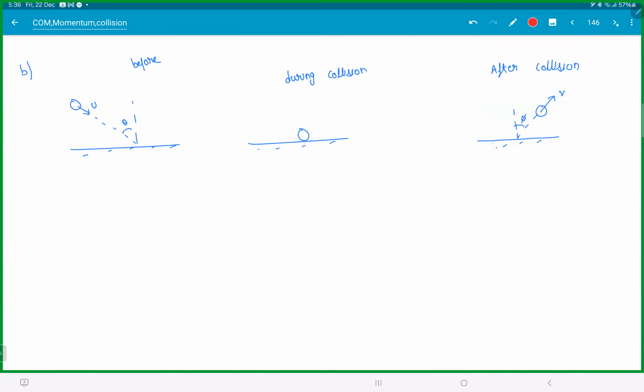So if you resolve this into components, you end up with u cos theta, u sin theta. I will write this thing as Vy and this thing as Vx. And during collision, the forces will be normal reaction, and remember, both are impulsive. You can't conserve linear momentum here if there are impulsive forces.